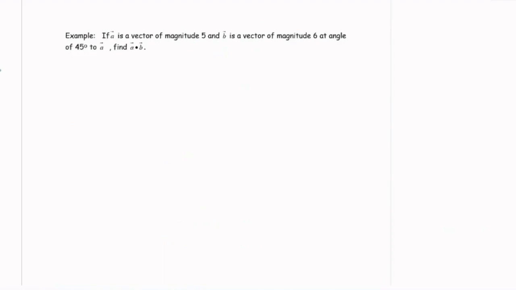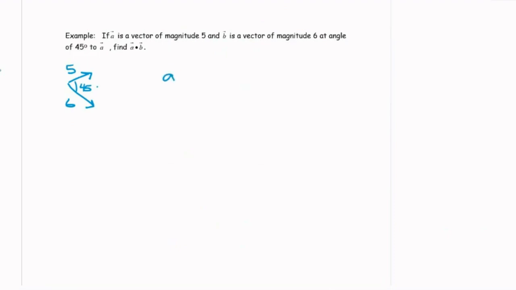So if we have vector A with a magnitude of 5, and we have vector B with a magnitude of 6, and the angle between them is 45 degrees, we would like to find the dot product of the two.